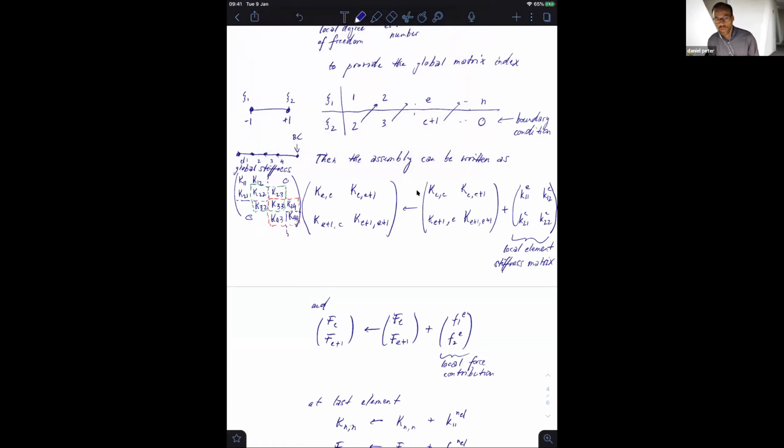So for example, look at the global stiffness index K22. K22 will have two contributions from two elements. It has a contribution from element 1, where it's going to be the local element k22, and it will have a contribution from the second element from the local index k11.